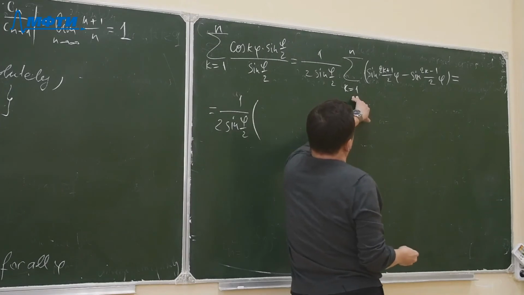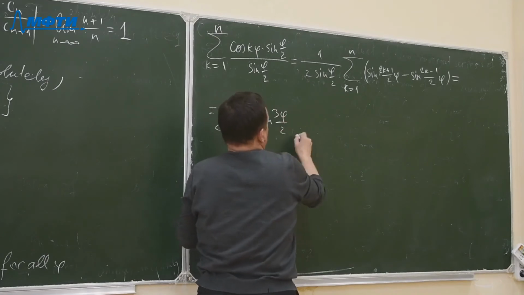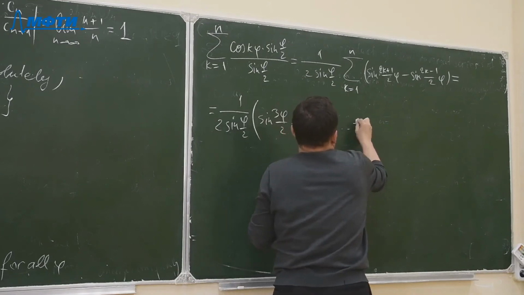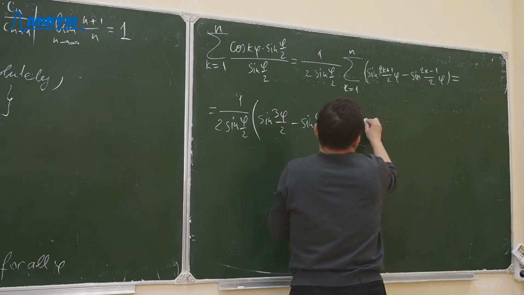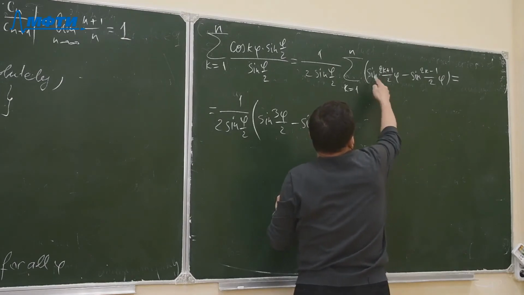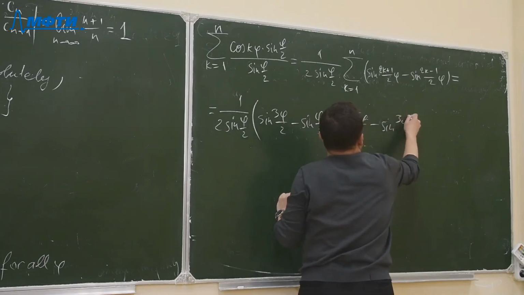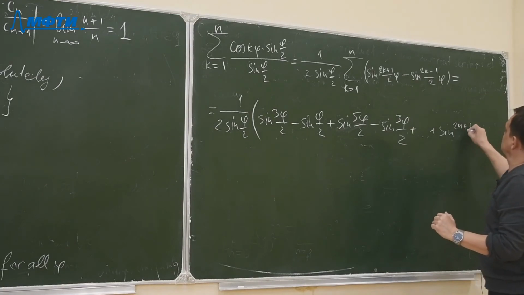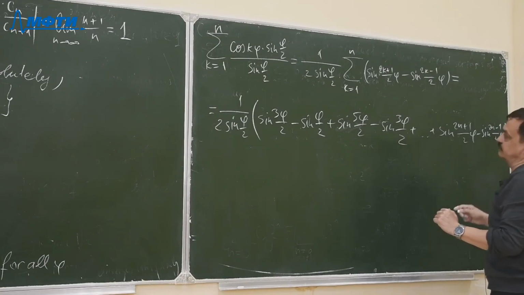Okay, I'll start with k equals 1: sine 3 phi over 2 minus sine phi over 2, plus so on. Then k equals 2 gives sine 5 phi over 2 minus sine 3 phi over 2, plus so on, plus sine 2n plus 1 over 2 phi minus sine 2n minus 1 over 2 phi, right?